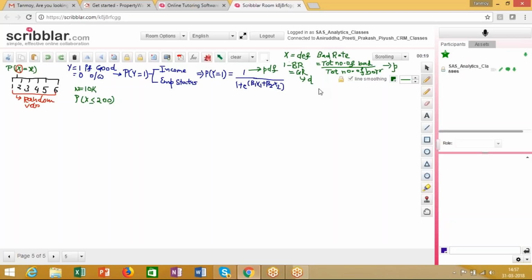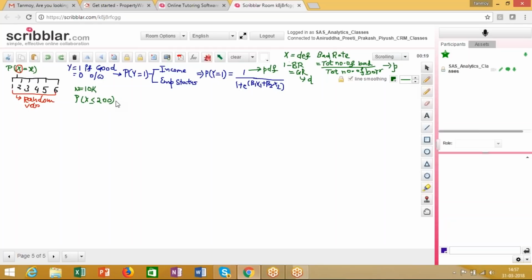So what I have is the probability of good and the probability of bad. Now what I want to know is the probability of getting less than or equal to 200 defaults.